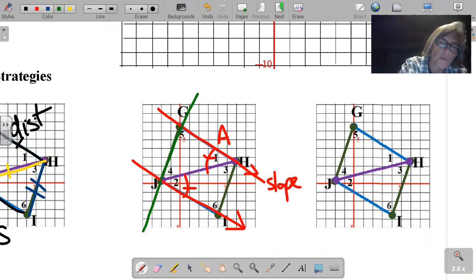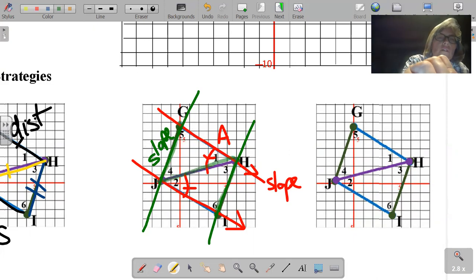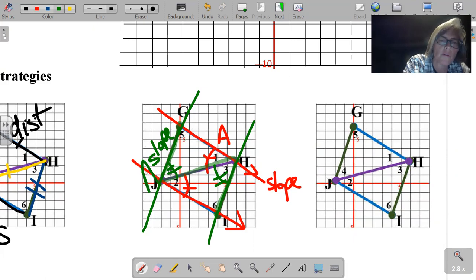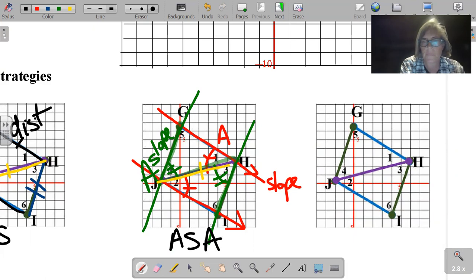Then if you use slope going this way, and I want you to explain all 3, then you would get angles 4 and 3 congruent, which would give you another pair of angles, and then you have a reflexive side. So using slope twice, you show parallel lines, and you could get angle, side, angle.